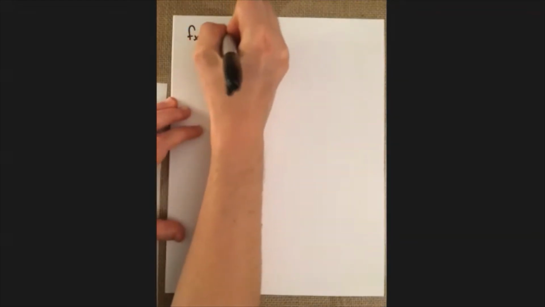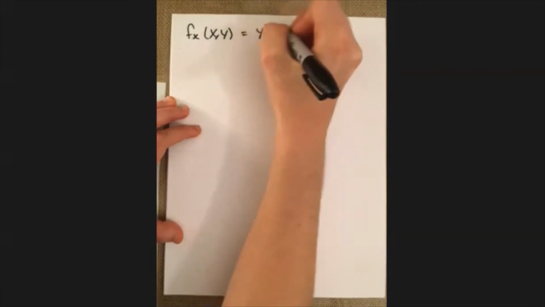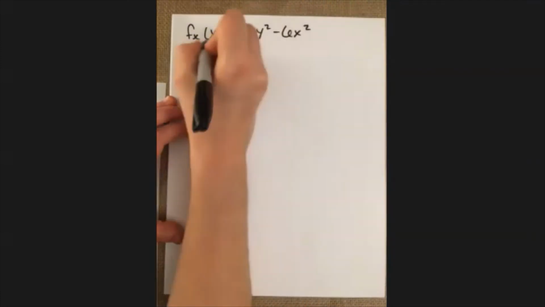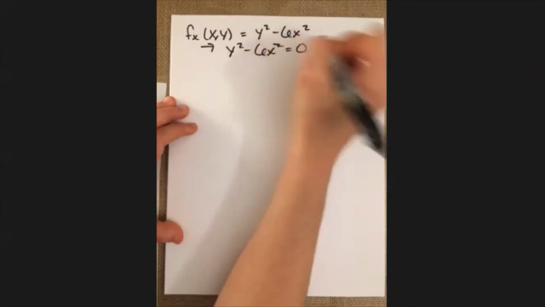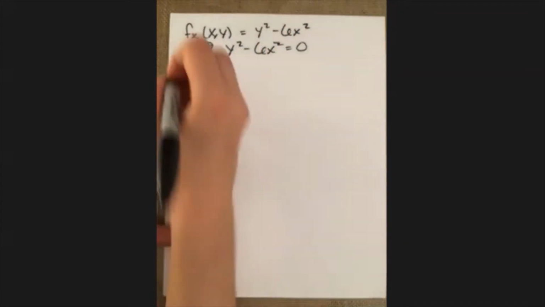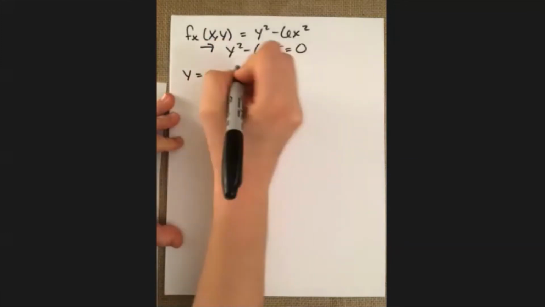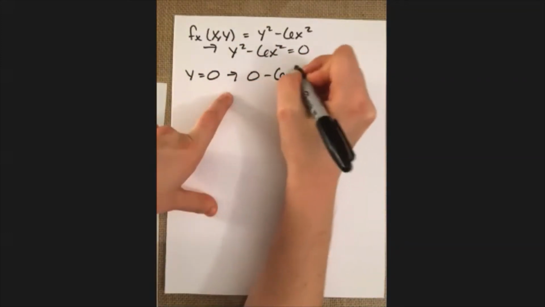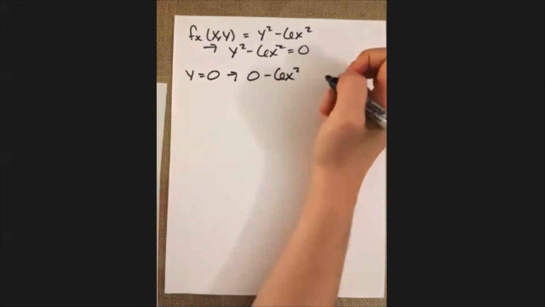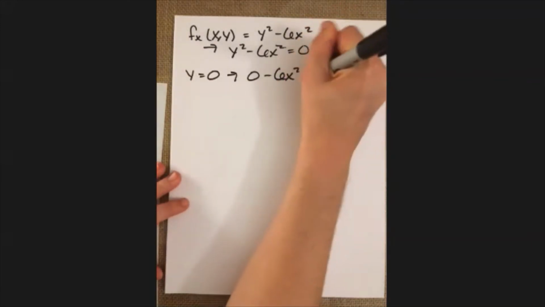Just so we have it here, the partial with respect to x had been equal to y squared minus 6x squared, which meant that we were looking at y squared minus 6x squared equal to 0. When y is equal to 0, what we're going to get is 0 minus 6x squared equals 0.